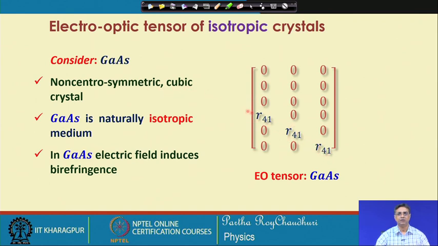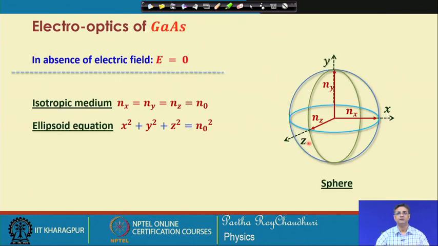These are the non-zero elements, and this is naturally isotropic, and by applying an external electric field, it can create field induced birefringence. So, this is the tensor and the values are also known. We will make use of this electro-optic tensor to calculate the birefringence.